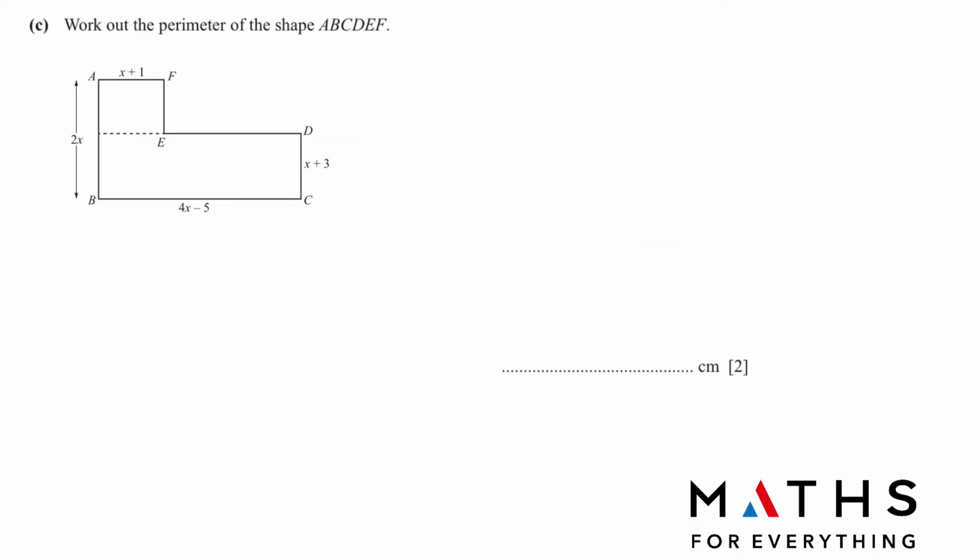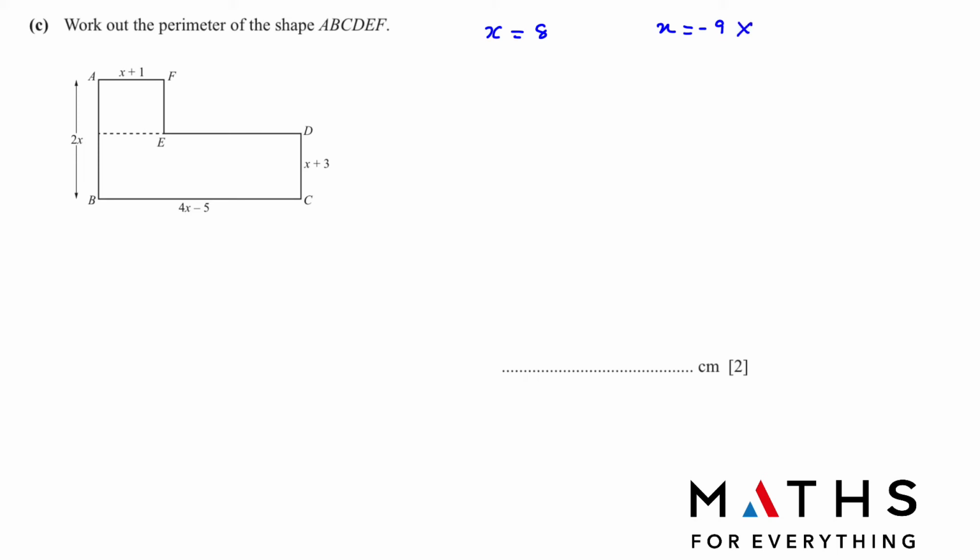Part C of the question: work out the perimeter of the shape ABCDEF. Remember, we got two values of x: x is 8 and x is -9. You cannot use the negative because sides or lengths cannot be negative. So that's cancelled, and x is 8.